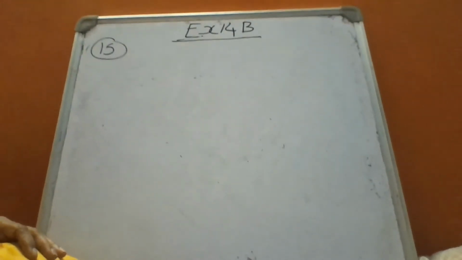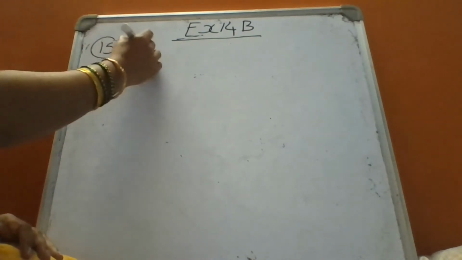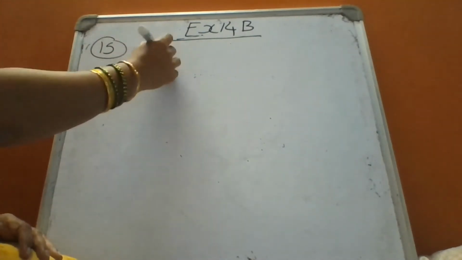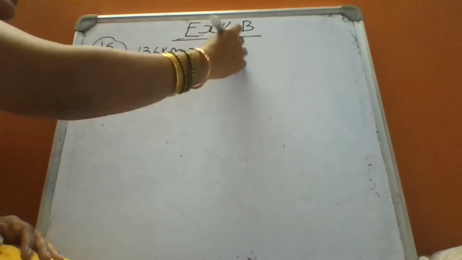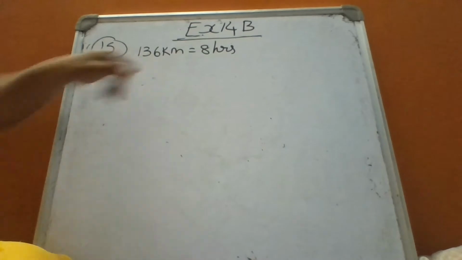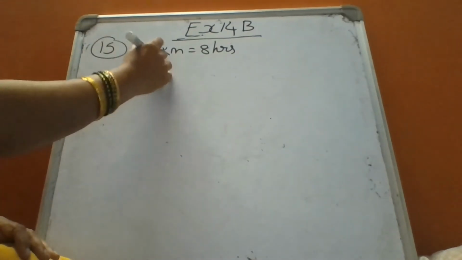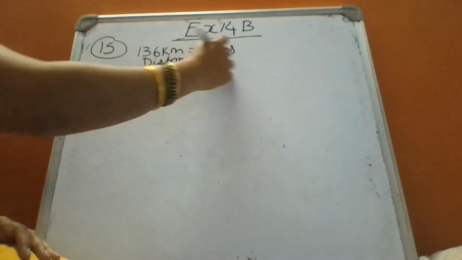So, the 15th question is like this: a man completed 136 kilometer in 8 hours. So, a man travelled a distance of 136 kilometer, this is distance, and this is time.